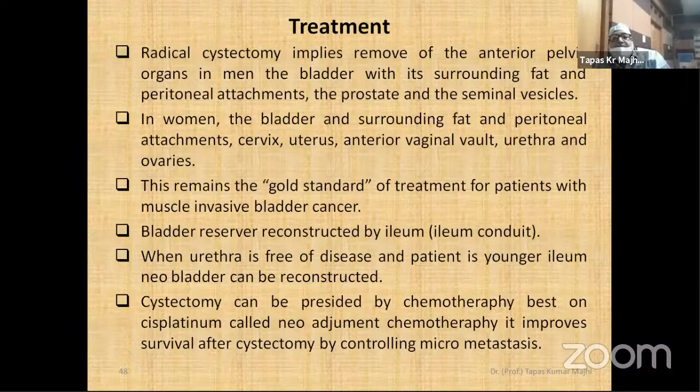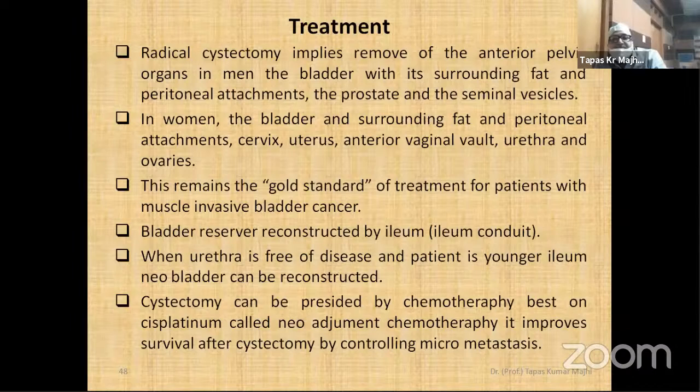In men, it is the bladder with its surrounding fat and peritoneal attachment, prostate and seminal vesicle. In women, it is the bladder and surrounding fat and peritoneal attachment, cervix, uterus, anterior vaginal wall, urethra and ovary. This remains the gold standard for treatment of patients with muscle invasive bladder tumor.